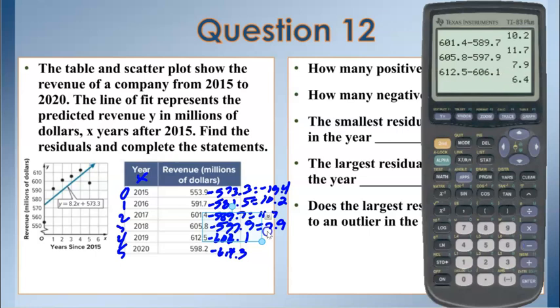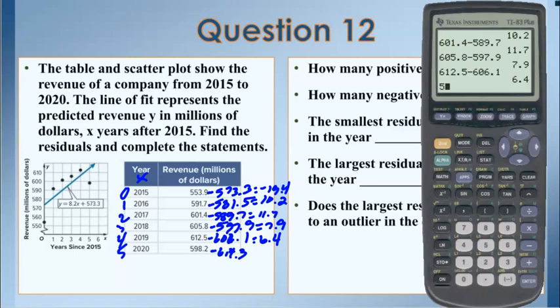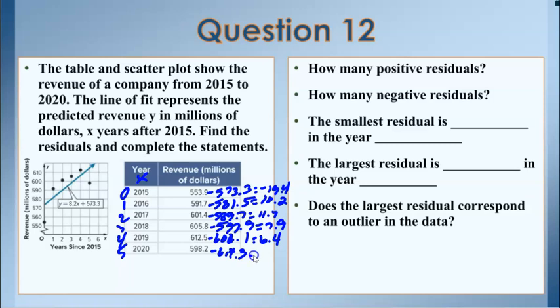That's 6.4. And our last one, we have 598.2 minus 614.3. And that gives us a negative 16.1.